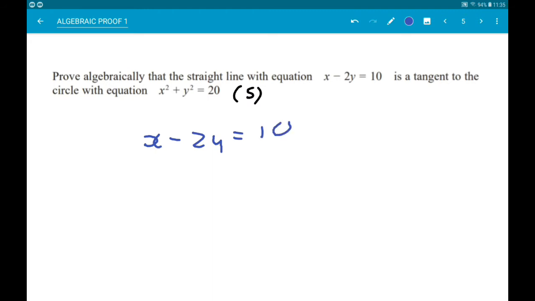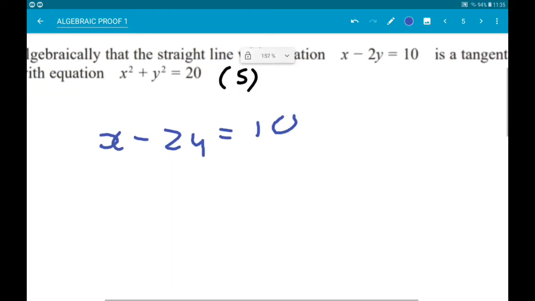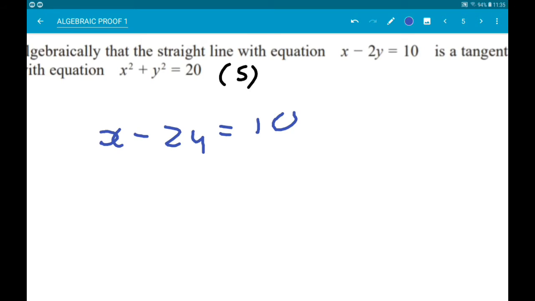So it's easiest and neatest to get x on its own. So we're going to add 2y to both sides. So x is equal to 2y add 10.